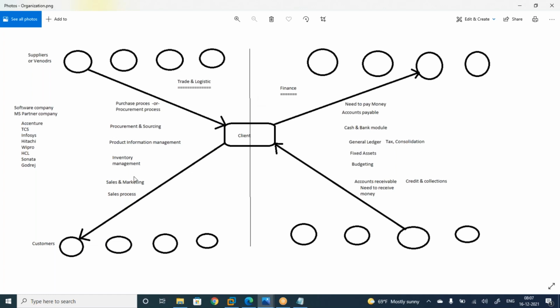If you want to understand this purchase and sales process in depth, then it is a trade and logistics process. Only invoicing is a part of finance. Remaining all are logistics. And this is payment. So invoice and payment.